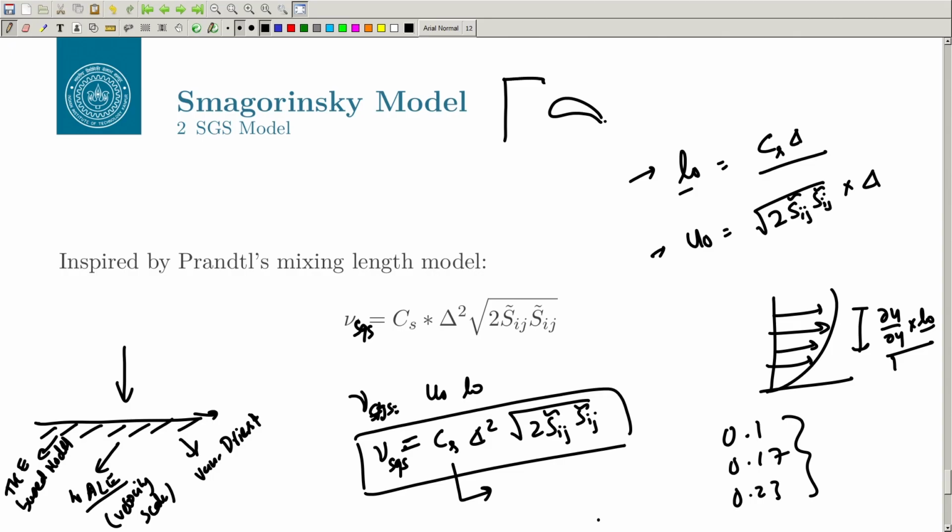So, this is what I had to discuss about LES, and we have covered how LES equations are derived, what kind of filters you can use, and even if you need a filter, and how you use the viscosity to ensure that we have enough dissipation, so that the solution does not blow up.